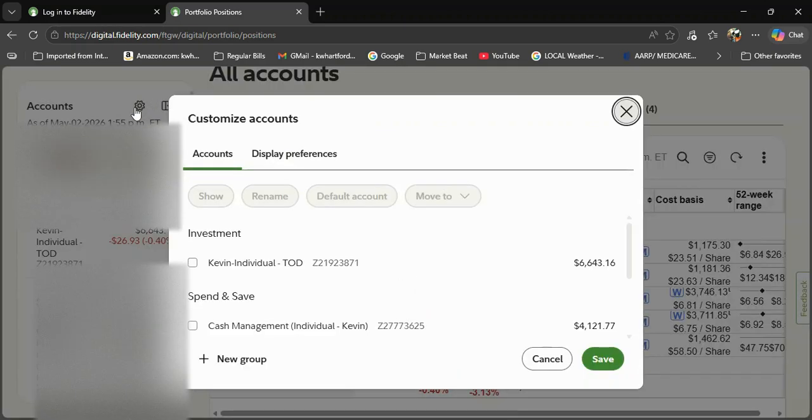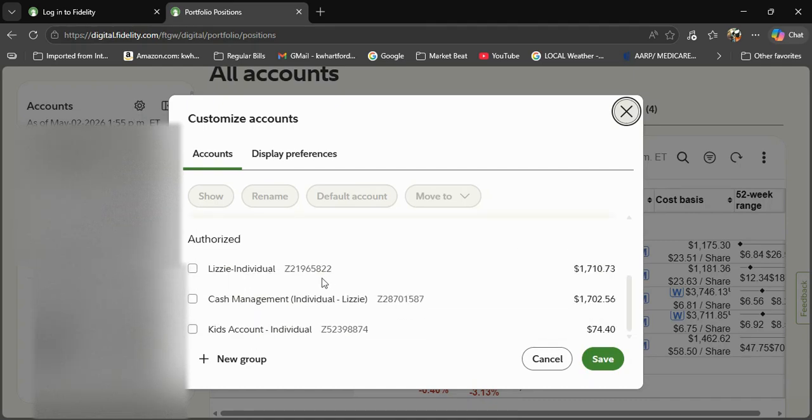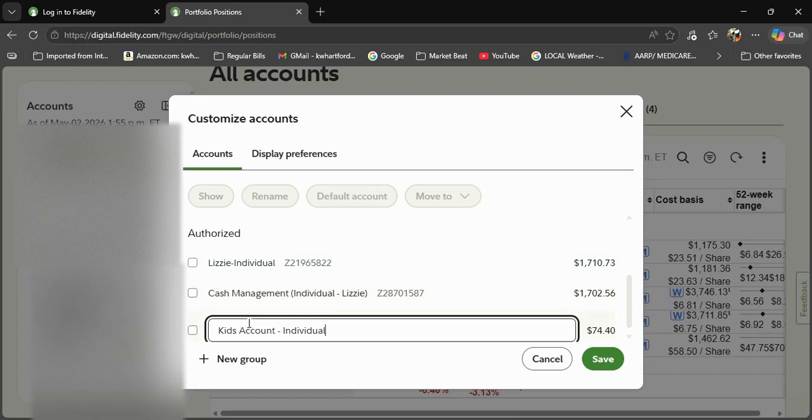So hit the little wheel there, and let's see, we want to go down to kids account, and we want to rename that. Cosmo.